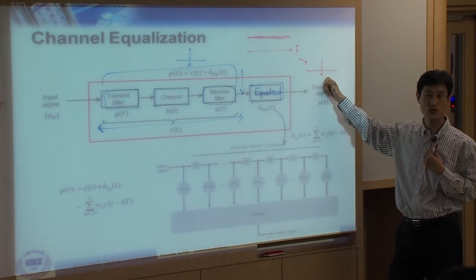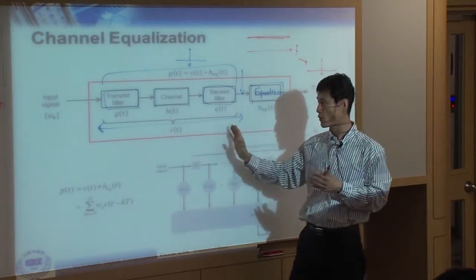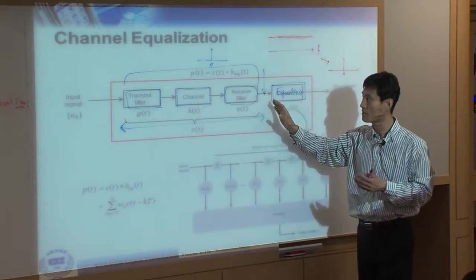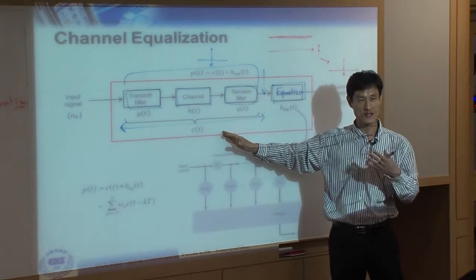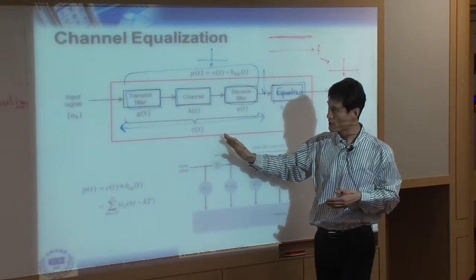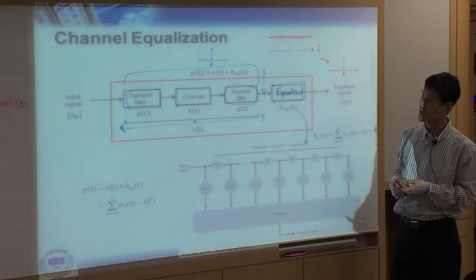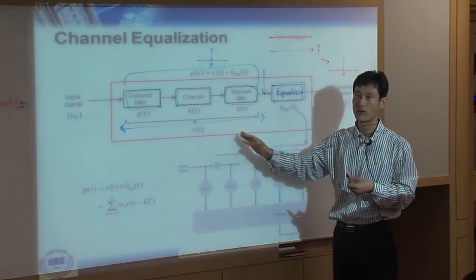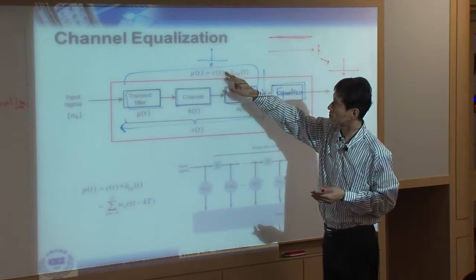This is still our dream. Unfortunately we cannot make our dream, because the Nyquist channel is not implementable. So we cannot make this effective channel a Nyquist channel. This was just a dream.